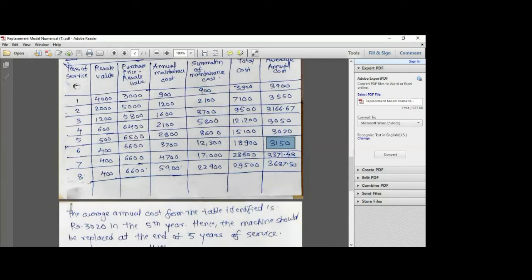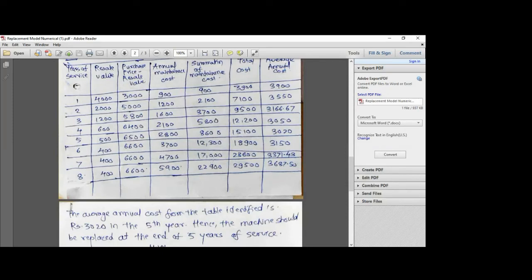After that, we have 23,600 divided by 7, which is equal to 3,371.43. And lastly, we have 29,500 divided by 8, which is equal to 3,687.50, right?